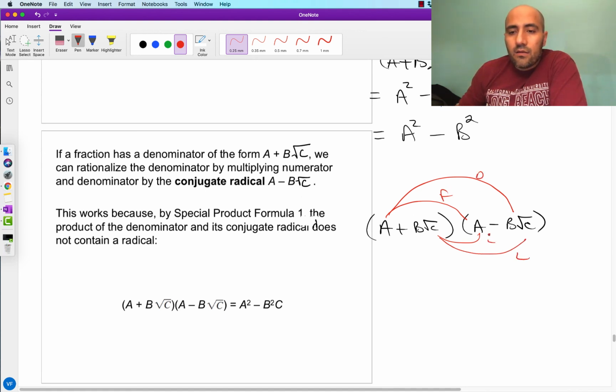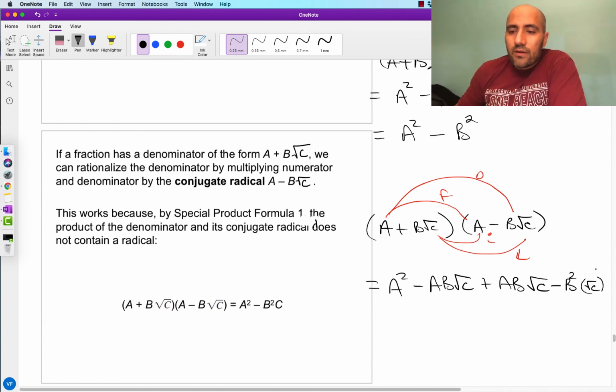Okay, that's an L. So this will be equal to a squared, and then these two multiply to give me a minus ab root c. These two multiply to give me a plus ab root c. And finally, these two multiply to give me a minus b squared root c squared, right? It's b times b and root c times root c. Okay, but root c squared, well, that's just going to be c.